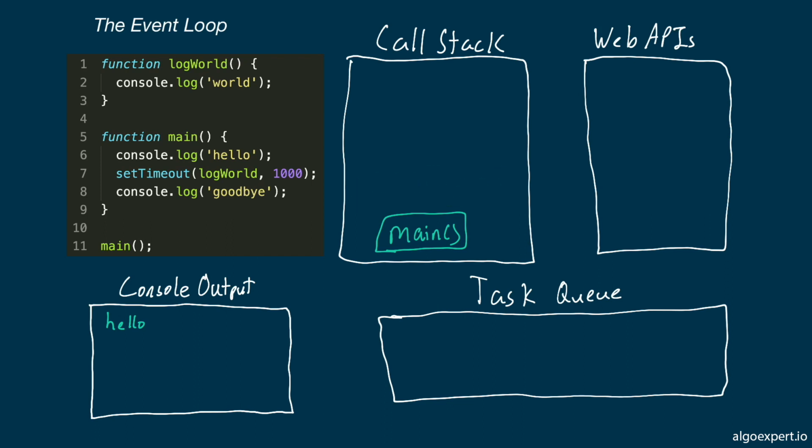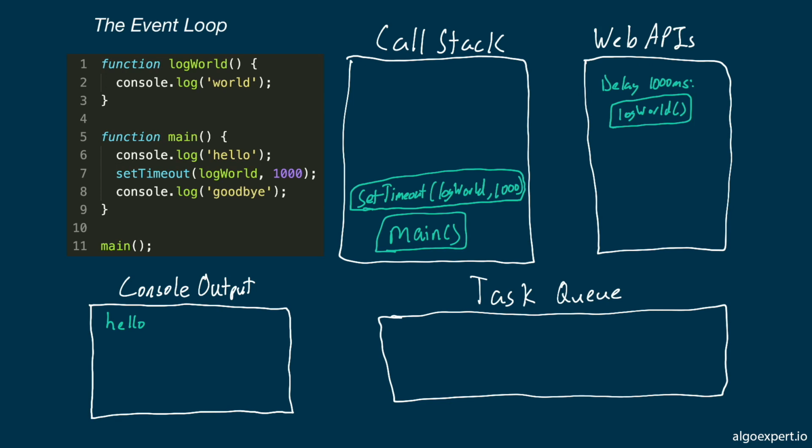From here, main calls setTimeout with the log world function and a 1 second delay. This first gets pushed onto the call stack, and it calls the web API. The web API will keep track of the delay as well as the callback for us. So this means that setTimeout is complete and can be popped off of the call stack.